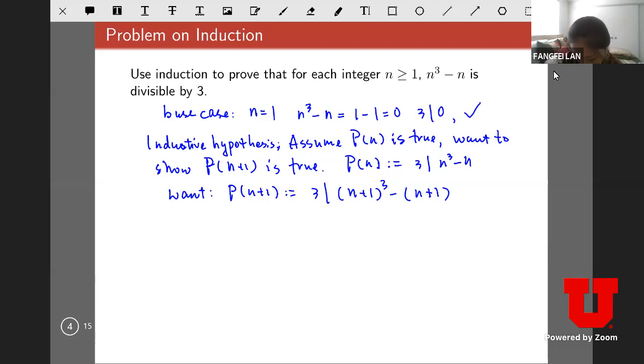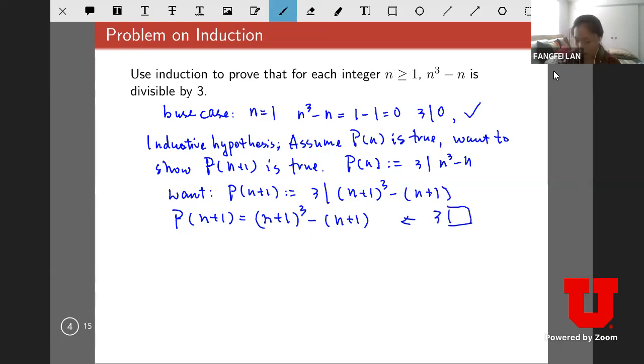So Pn plus 1 is equal to n plus 1 cubed minus n plus 1, right? So this is what we have. In the end, our goal is to write this as 3 times a box, like we want it to look something like this.